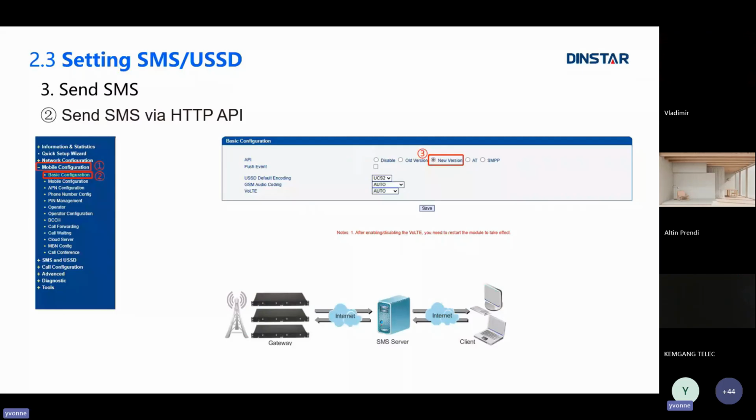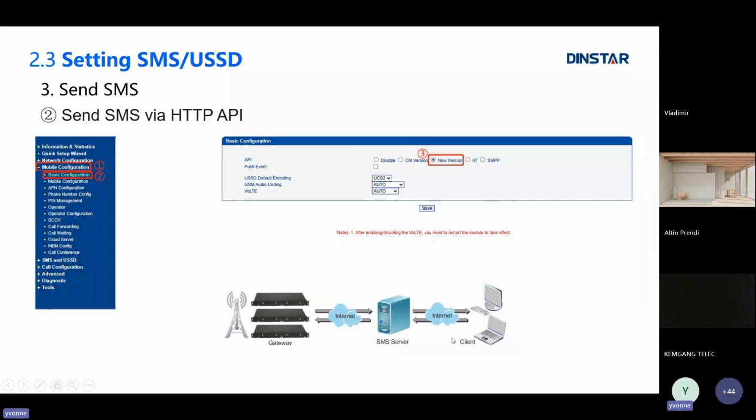About using the HTTP API to send SMS, go to the mobile configuration, basic configuration, and choose the API as the new version. The UC2000 gateway connects to the mobile network and the internet.